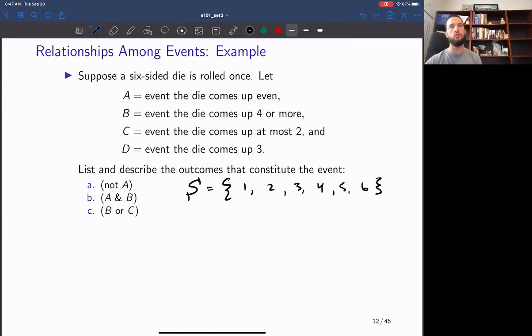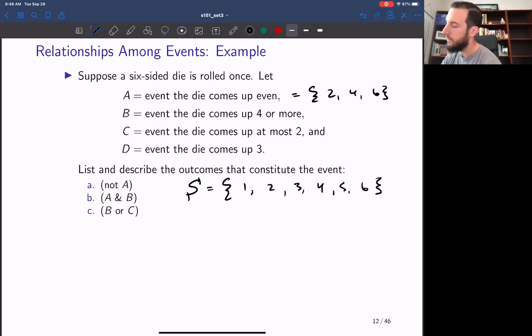So 1, 2, 3, 4, 5, 6. Event A is the event the die comes up even. So event A is going to be 2, 4, or 6, because those are the 3 even numbers that exist within the sample space.